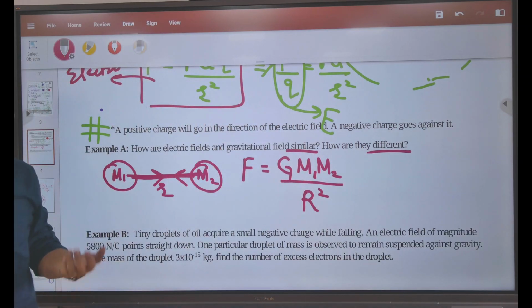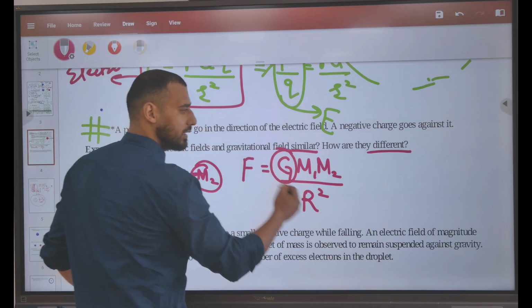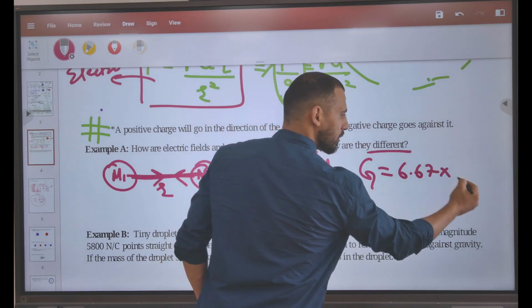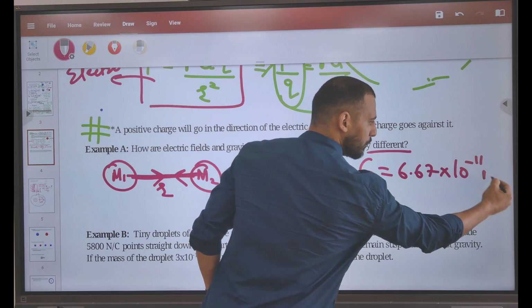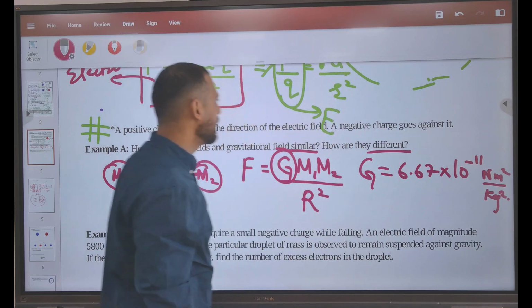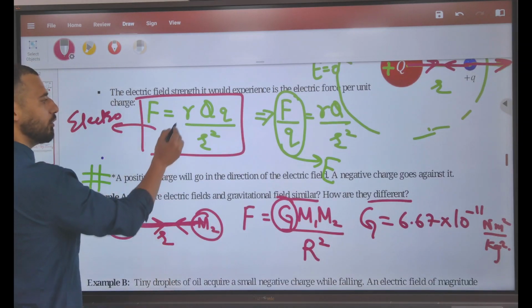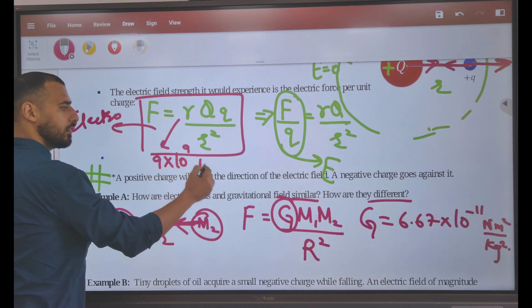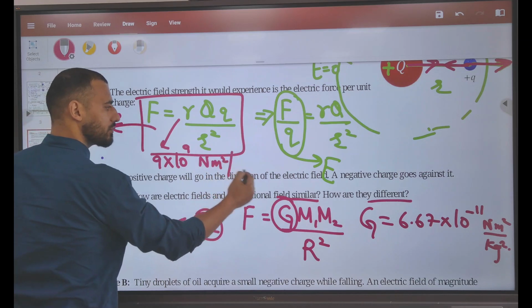Exactly, the constant. See, the constant here, G, has a very small value, 6.67 times 10 raised to the power minus 11 Newton meter square per kg square. But here gamma, the value of gamma is 9 times 10 to the power 9 Newton meter square per coulomb square.